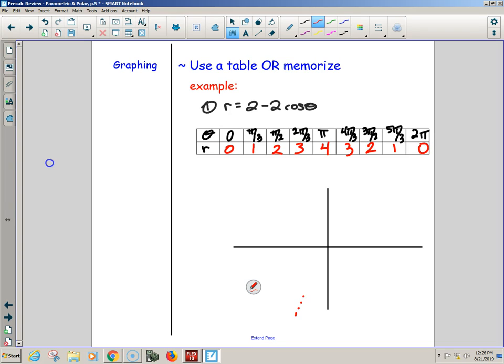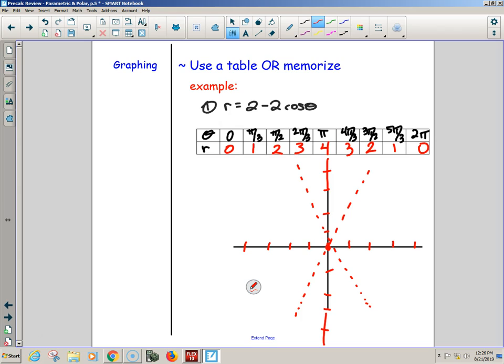I'm going to need my pi over 3's in the first and third and the fourth and second. I'm going to need to be able to go out to 1, 2, 3, and 4 as I go around. So I'm going to make 4 my maximum radius in all my units. And I'm going to go around graphing. So I'm going to start at 0, 0.